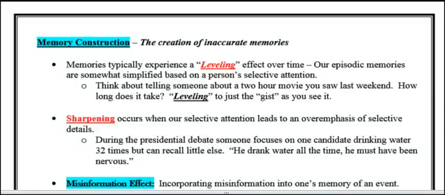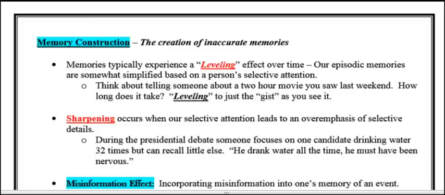We are going to talk about memory construction today and the creation of inaccurate memories, and a couple of the terms that we're going to look at that I don't believe are in your textbook first in creating inaccurate memories. One of those terms is leveling, and many memories, especially episodic memories, experience this.